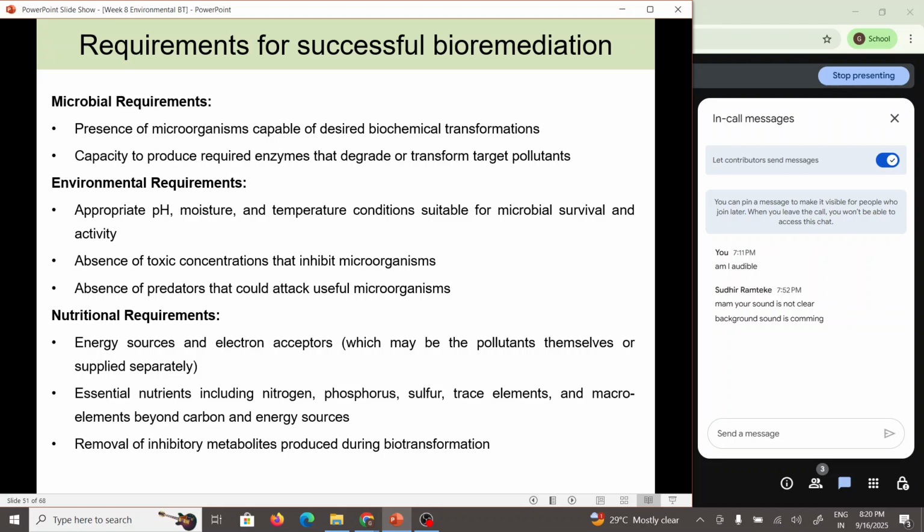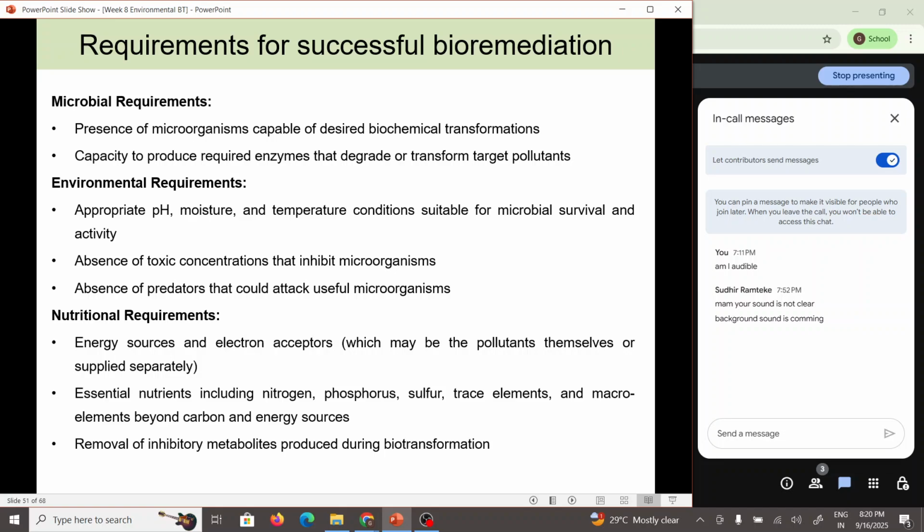So let's say when we are starting the bioremediation process, whatever contaminant is present in the system is of a lesser concentration, which is not toxic to the microorganism, and the chemical nature is also non-toxic to the microorganism. But as time passes, after certain steps in the biotransformation process, certain intermediate compounds are produced.